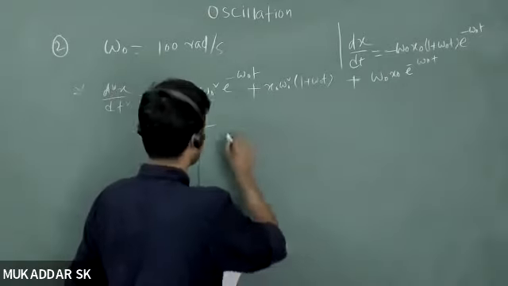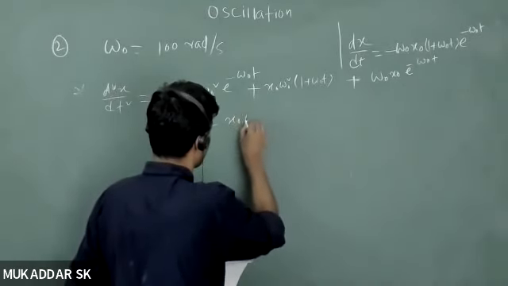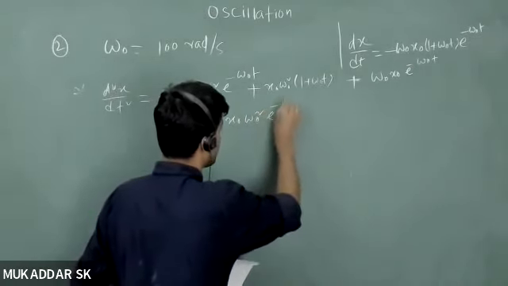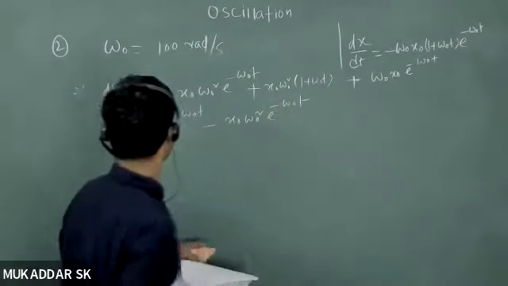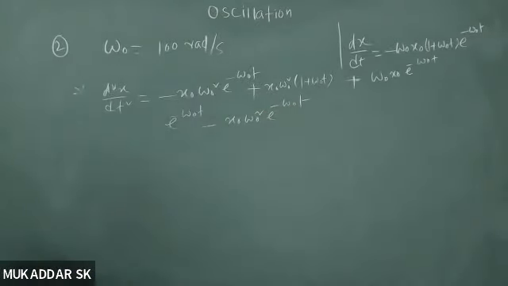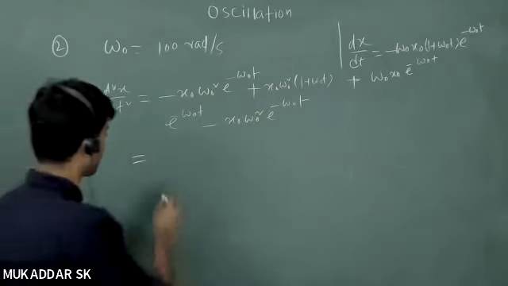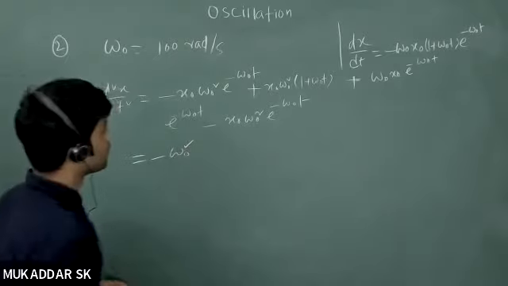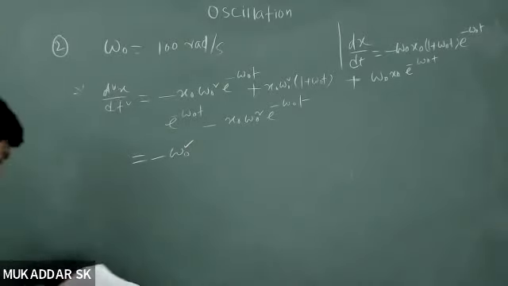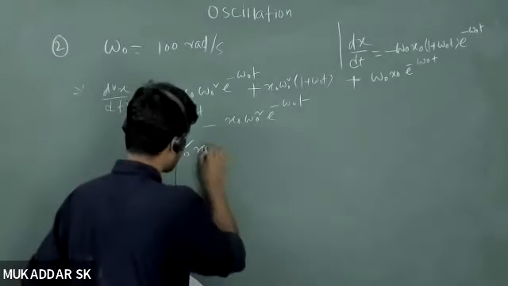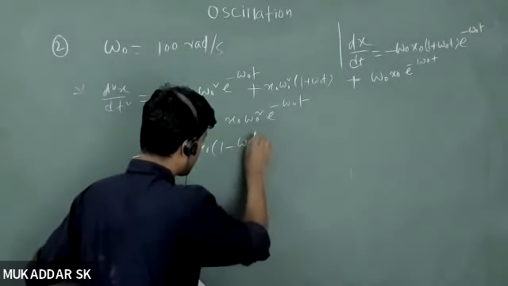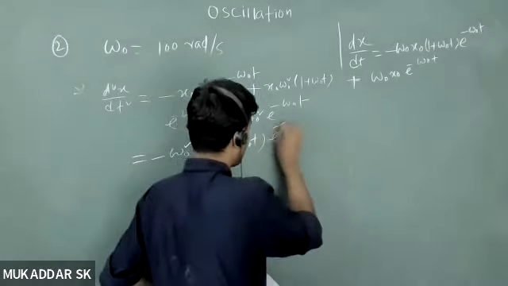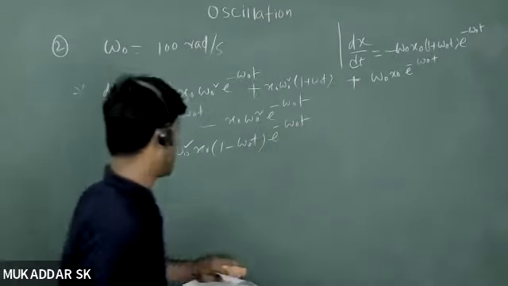So that will give you x naught omega naught square exponential minus omega naught t. Okay. So if you solve it, you will get omega naught square x naught on minus omega naught t exponential minus omega naught t, that you will get.